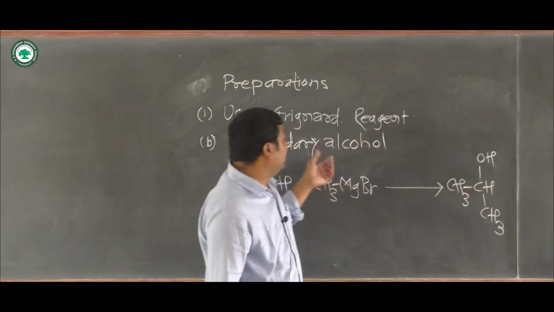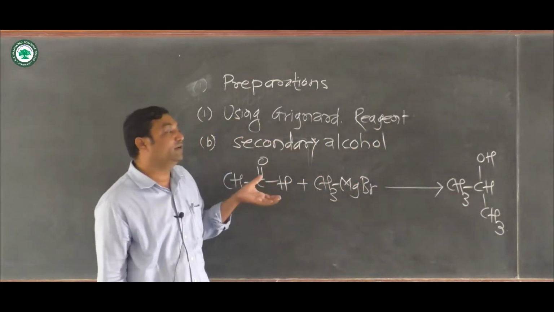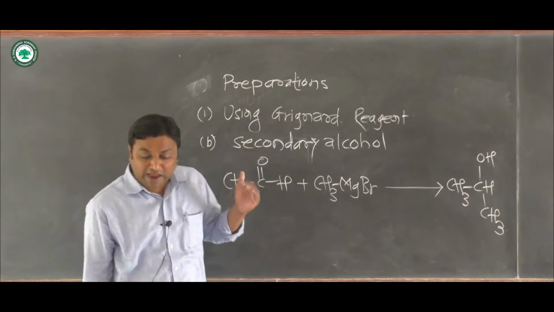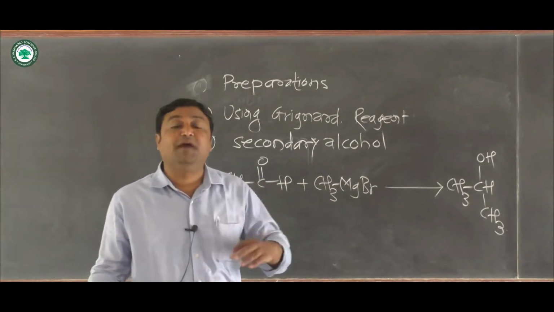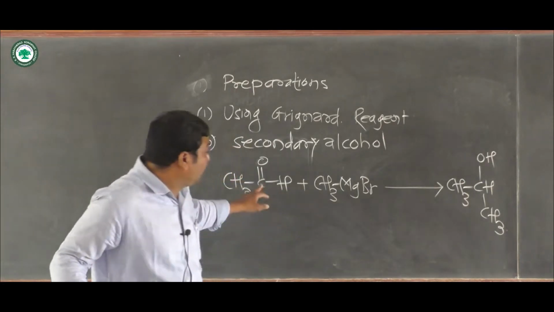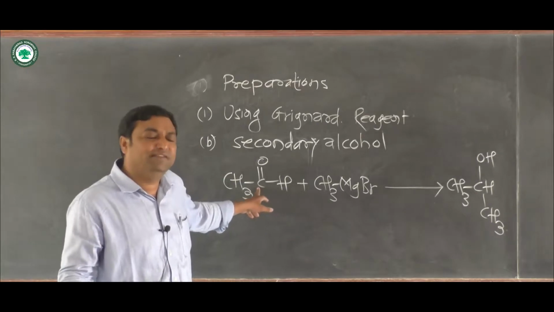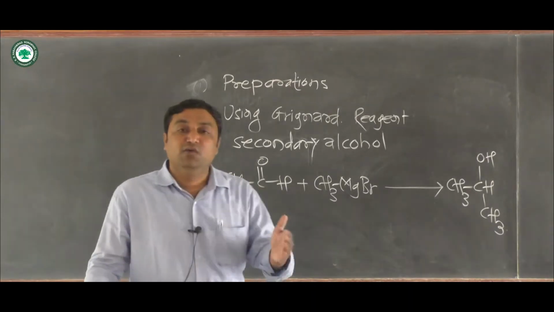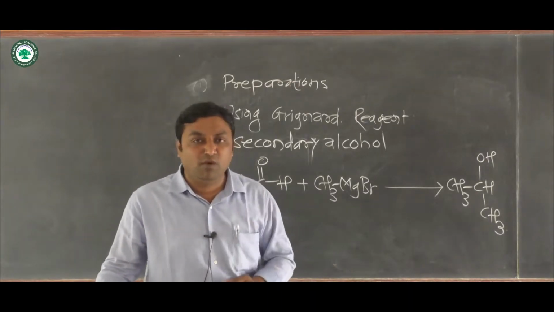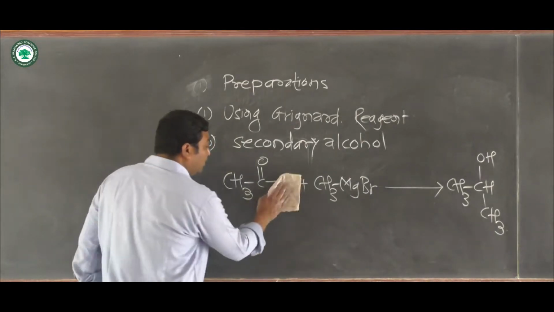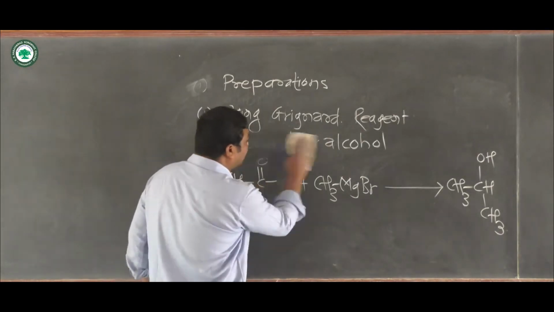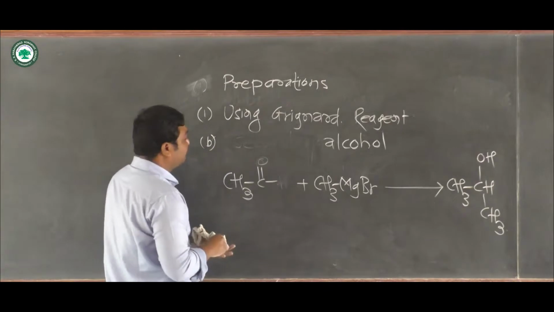Now, like the preparation of secondary alcohol, to prepare tertiary alcohol, instead of acetaldehyde or instead of any aldehyde, we have to use ketone molecules. That is preparation of tertiary alcohol.